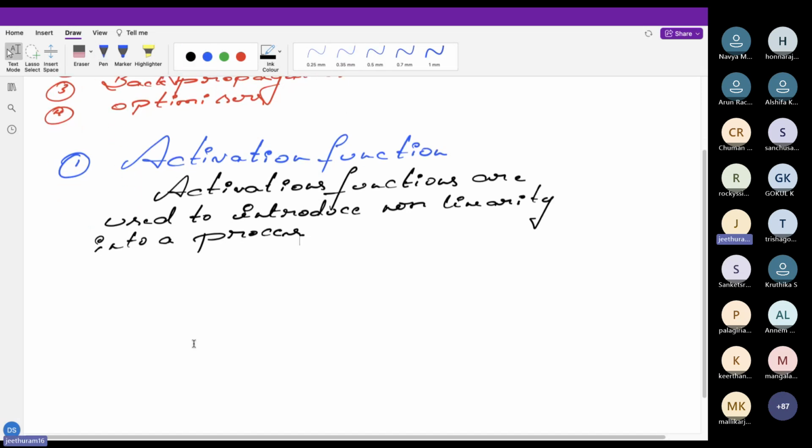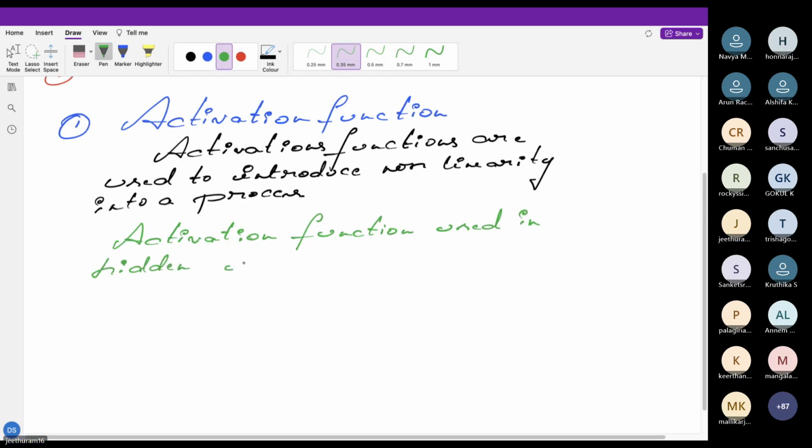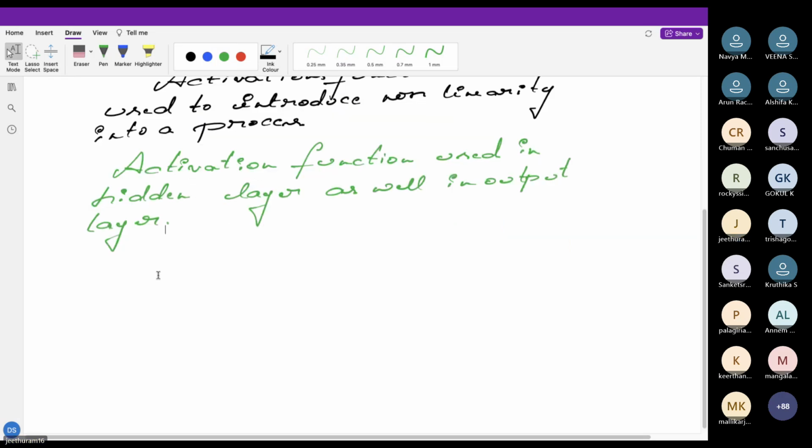Very important thing: they are used in the hidden layer as well as in the output layer.